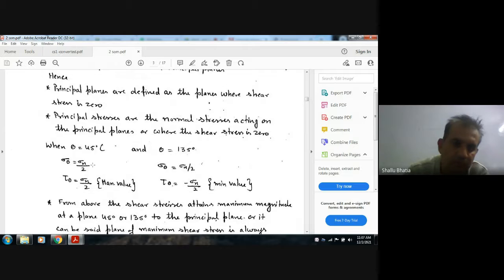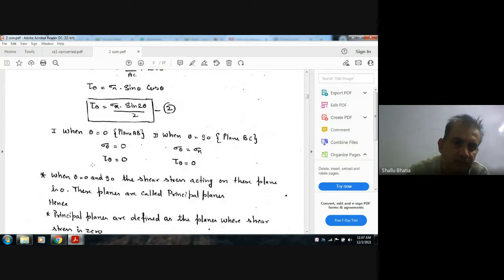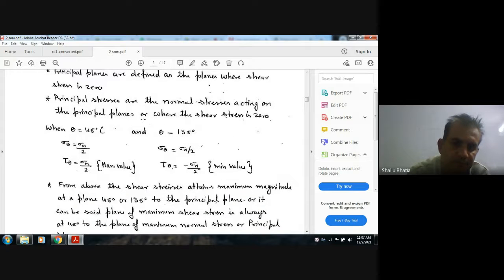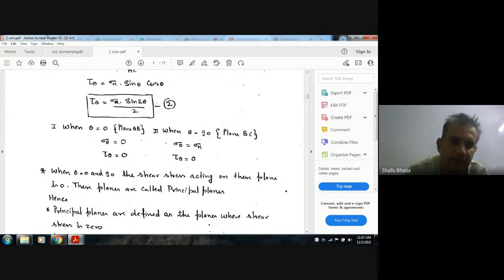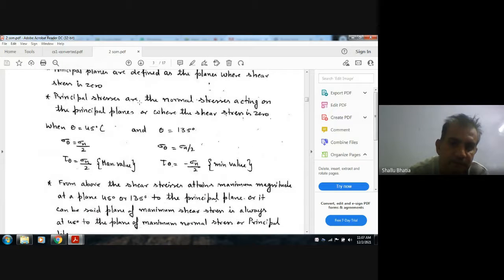Now in the shear stress expression, if we put theta equal to 45 degrees, it will be sin 90, which is 1, and tau theta will be sigma x by 2. Again if we put theta equal to 135 degrees, sin 270 degrees is minus 1, so it will be sigma x by 2 with a minus sign. At 45 degrees and 135 degrees, the value of shear stress is maximum and minimum.